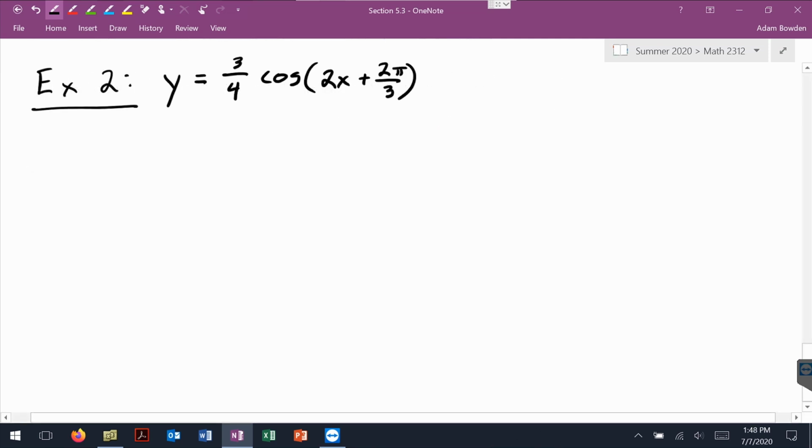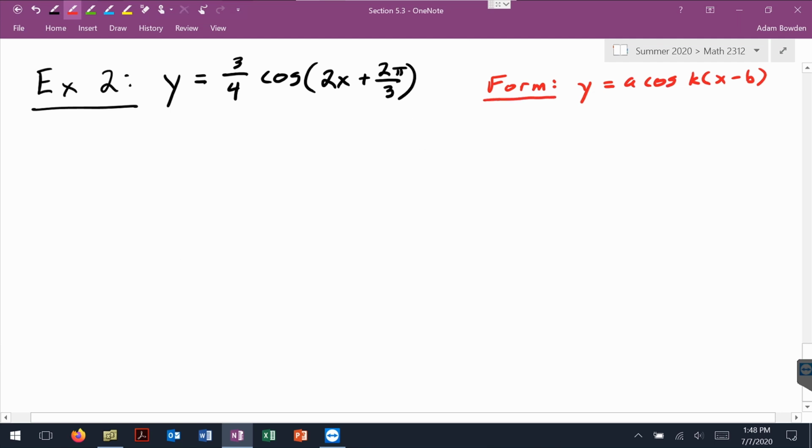For this next one, we have y equals 3/4 cosine of 2x plus 2 pi over 3. Now remember that the basic form of these functions should look like a cosine k parentheses x minus b. It's what I had mentioned up above, showing what a, k, and b were referring to.